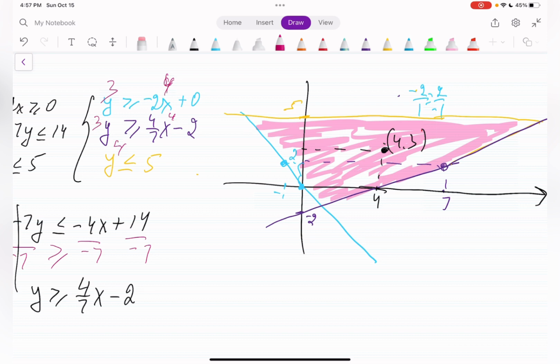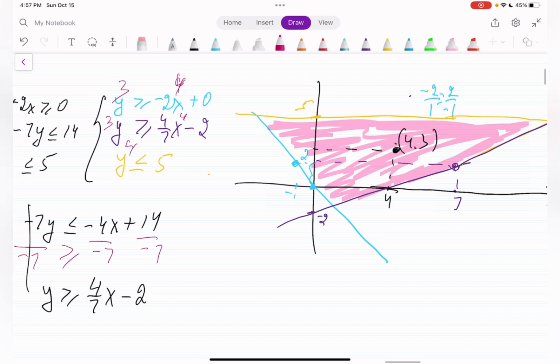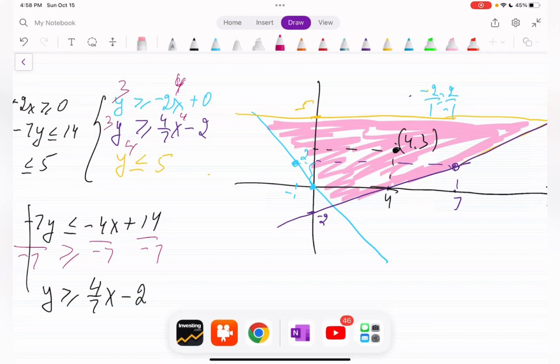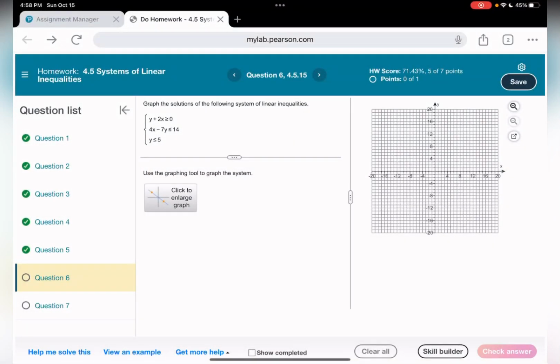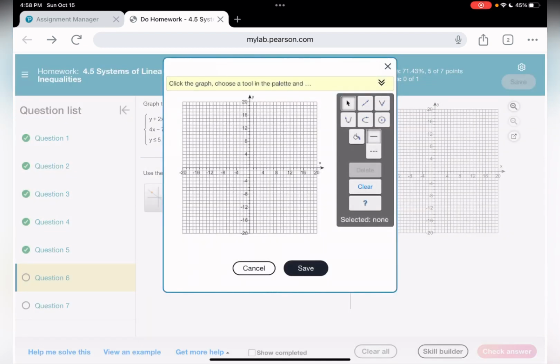Now let me take the picture of the simplified system of inequalities so I can graph it here. So what do we have? Starting with blue, y greater or equal to -2.